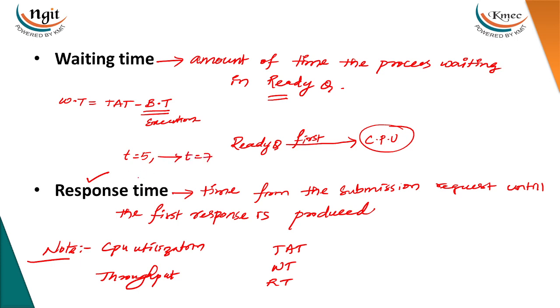That means it took 2 seconds to send that process to the CPU. So we need to maximize CPU utilization and throughput, and minimize turnaround time, waiting time, and response time. We'll see how this works in the next video.